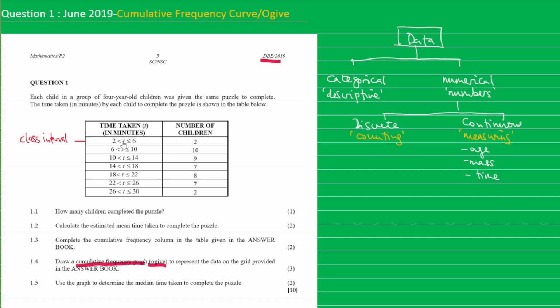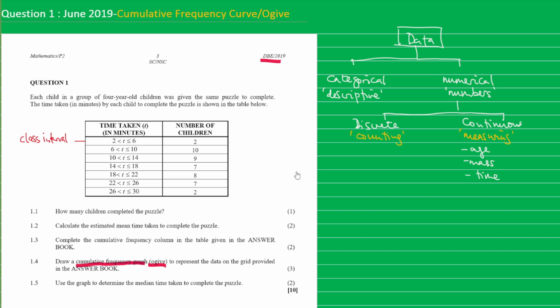So we can say, let's look at those who took between 2 and 6 minutes. Then we bind them together. So these two children took a time between 2 and 6 minutes.